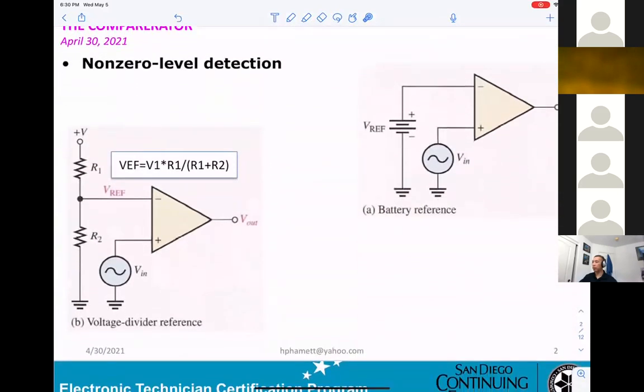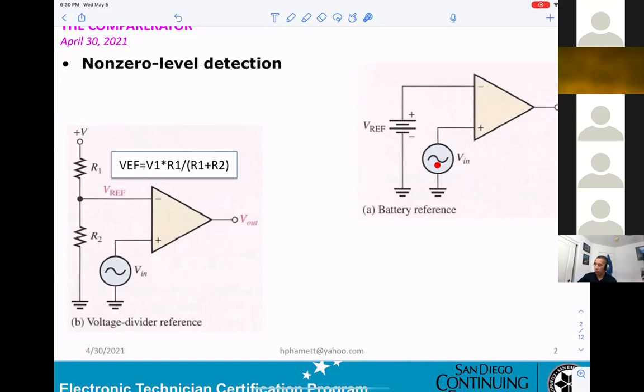Okay, we already covered the zero level. Now on this circuitry, what do they compare with? You compare what's on the plus to whatever is on the minus side. So in this comparator, they compare the input here with what?